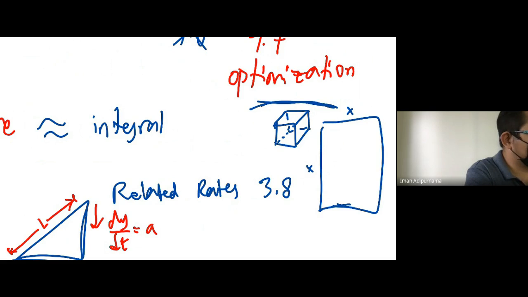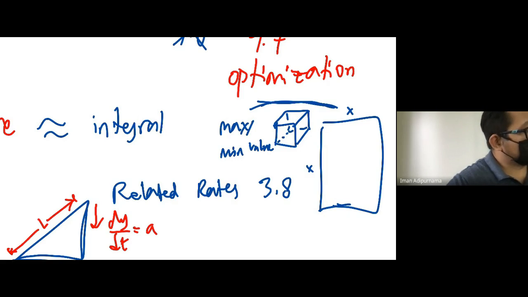I think the optimization you have learned before in a simple way, maybe back in elementary school, but now it is a little bit more complicated, and we solve it with calculus. So we find the max or the min value for some problems.